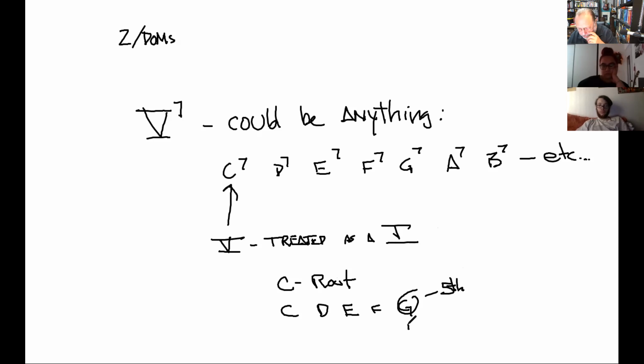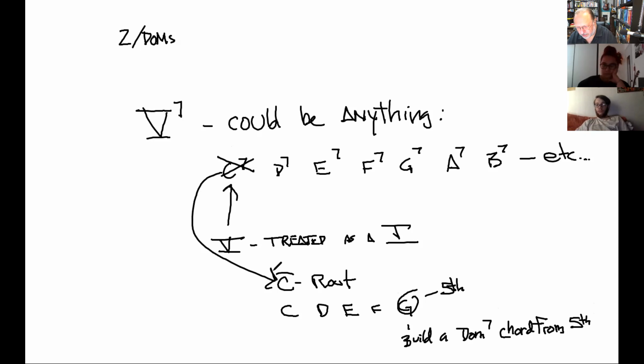Then you build a dominant chord off the 5th note. So where C is our tonic, we're ignoring the fact that it's a C7, and we're just going with C as our root.